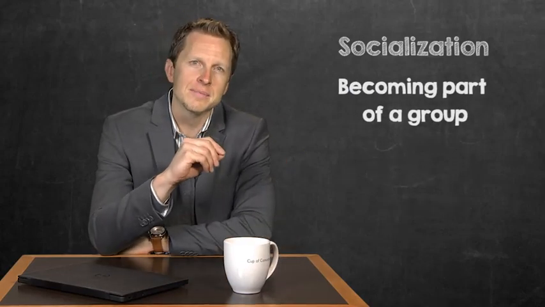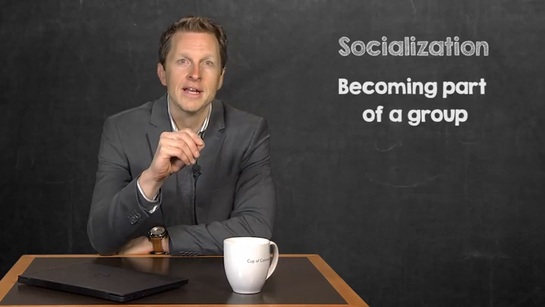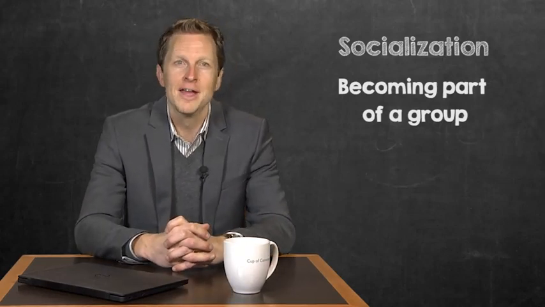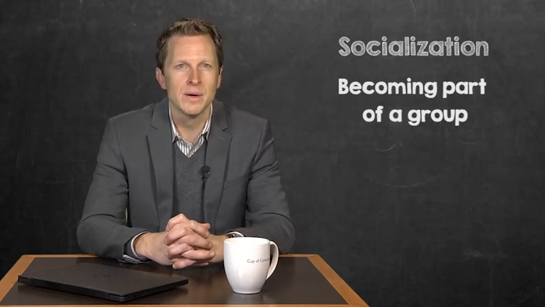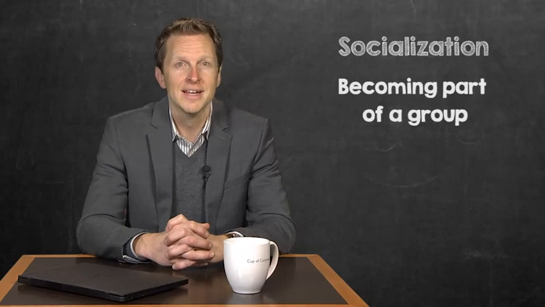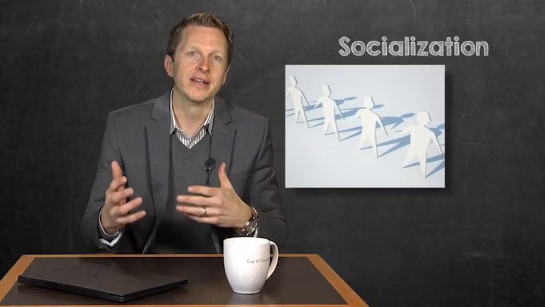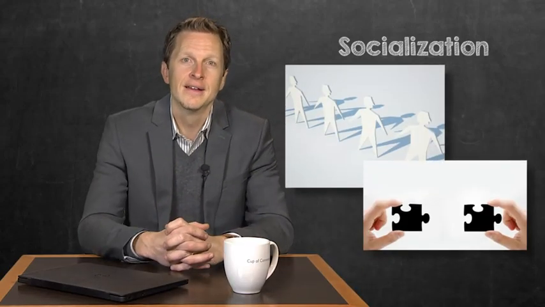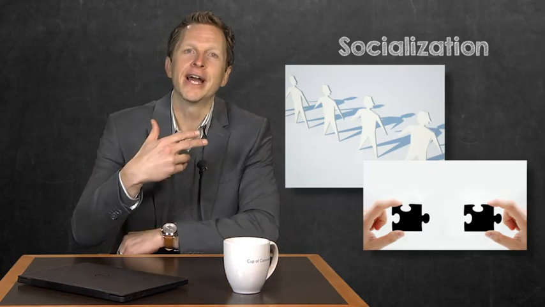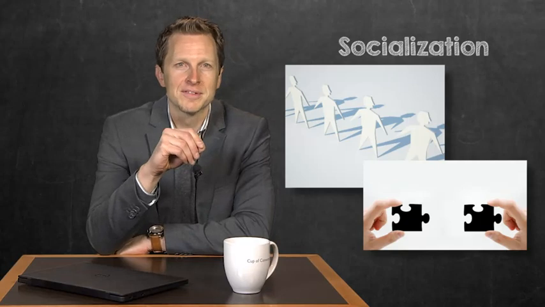And although the concept of socialization may be straightforward, the actual practice of socialization can be very complex. Becoming part of a group often requires you to navigate some pretty difficult and nuanced social terrain, figuring out how everyone in the group is connected and how you fit in. And of course, all this happens through communication, how we interact with each other as the group develops.